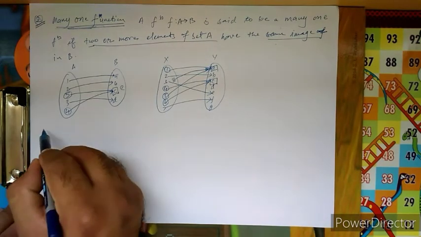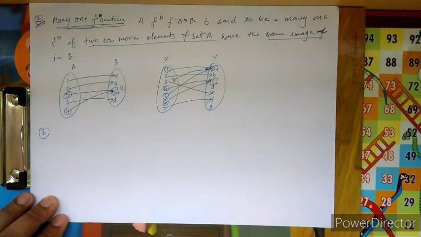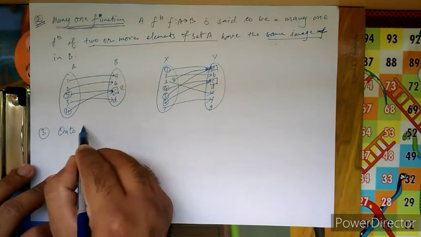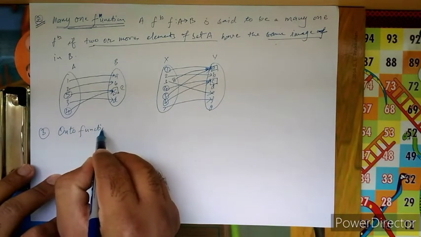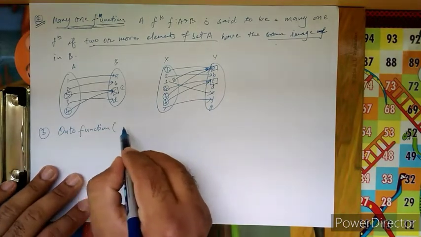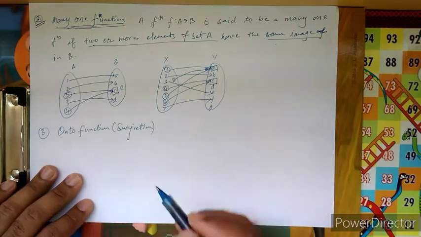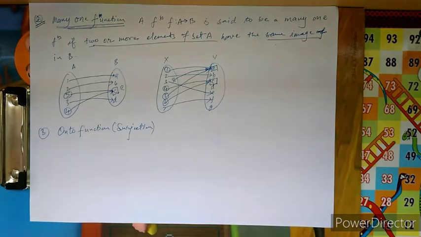Then the next function is onto function. It is also known as surjection, and the words used for this function are surjection, surjectivity, surjective.